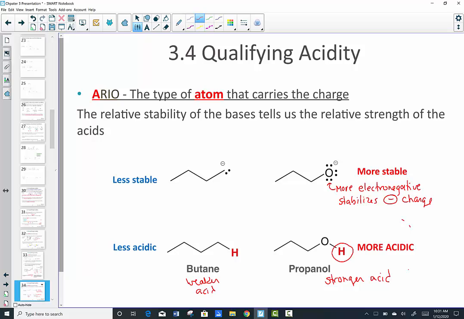When I say stronger acid, which one of those two acids is more likely to give up its proton? So more likely to give up its proton.